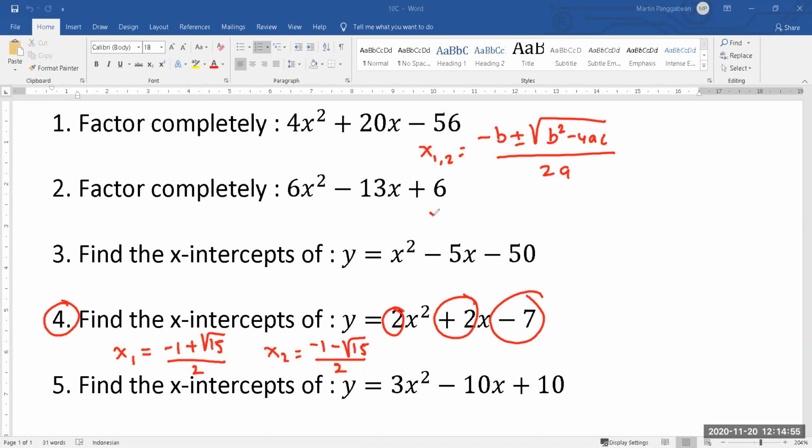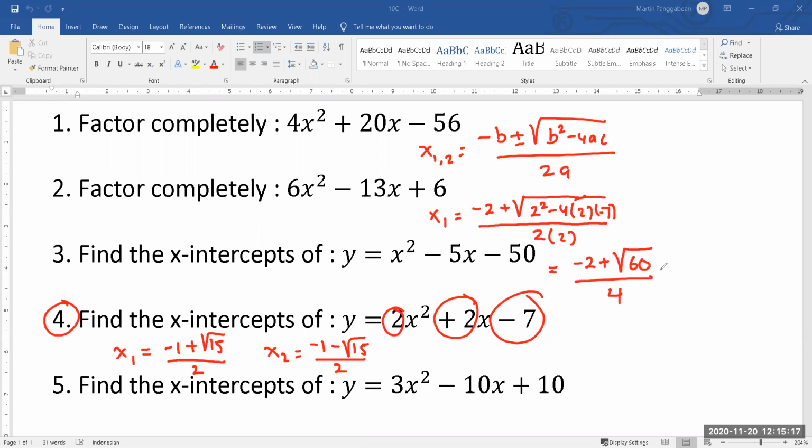So just replace it. x1 equals -2 plus square root of 2 squared minus 4 times 2 times -7, over 2 times 2. In the end, we find that x1 equals -2 plus square root of 60 over 4.